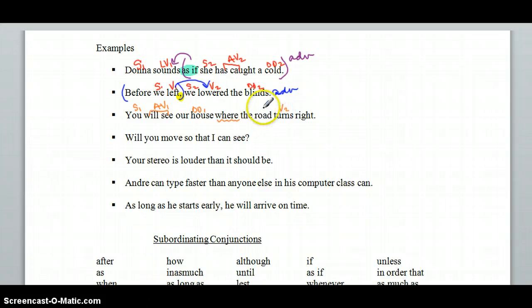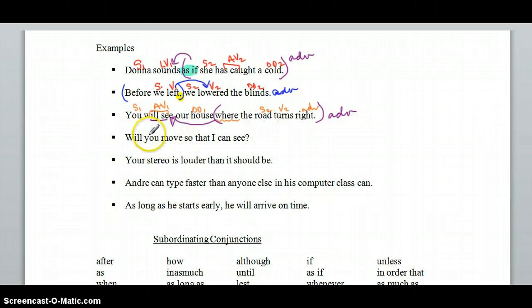Who or what turns? The road turns. Turns right. That's an adverb telling me where or how it turns. But this whole thing, where the road turns right, tells me where I will see the house. It doesn't tell me which house, it tells me where I will see. And since it points back to the verb, that makes this an adverb.